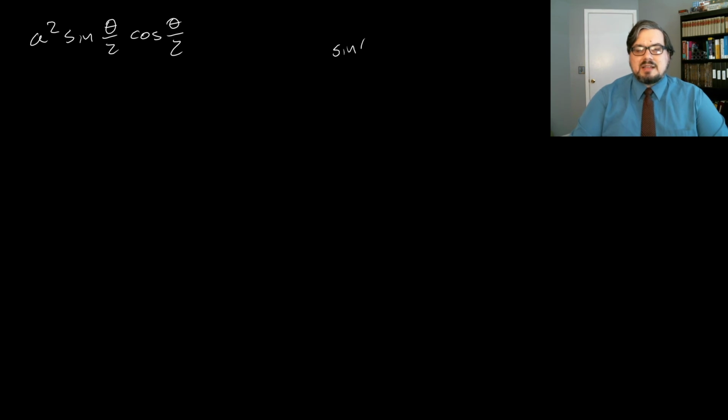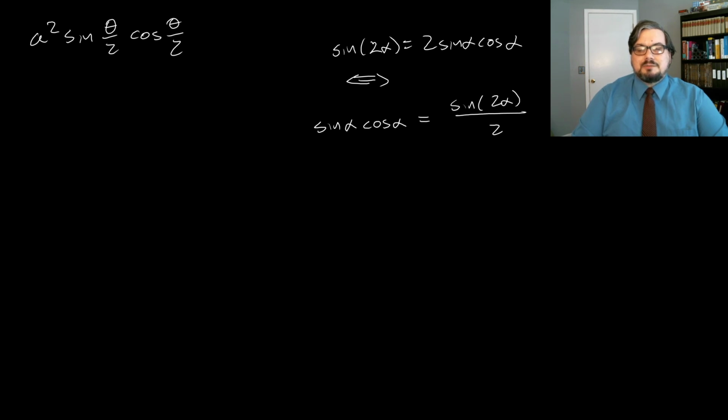Remember that sine of 2 alpha is equal to 2 times sine alpha times cosine alpha. This was our double angle formula for sine way back at the beginning. A very useful form of this is the following. If you ever have sine alpha times cosine alpha, you can always write this as sine of 2 alpha over 2. We've just divided both sides by 2.